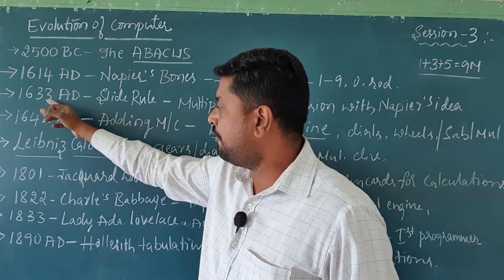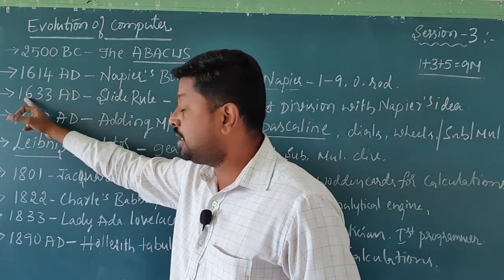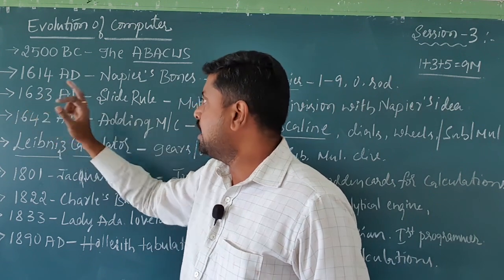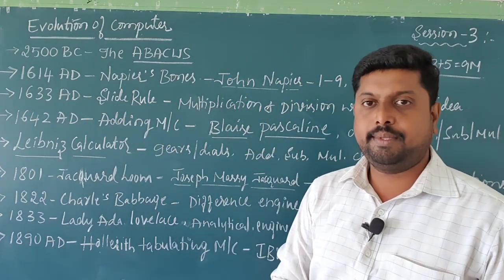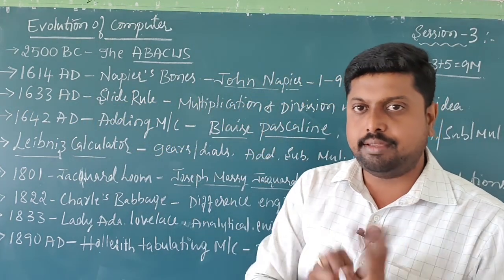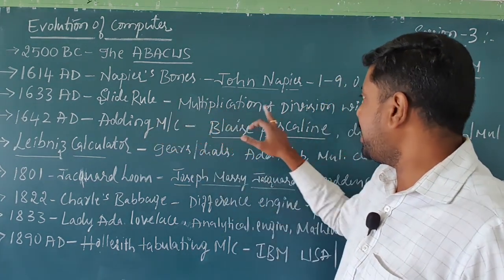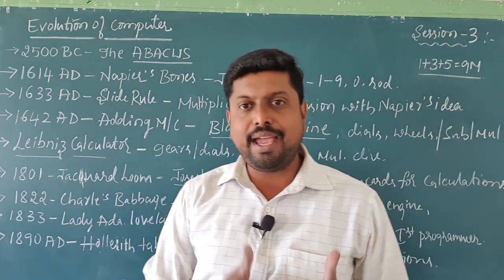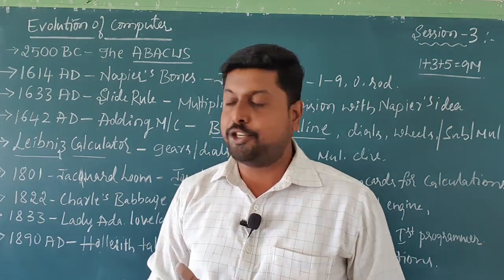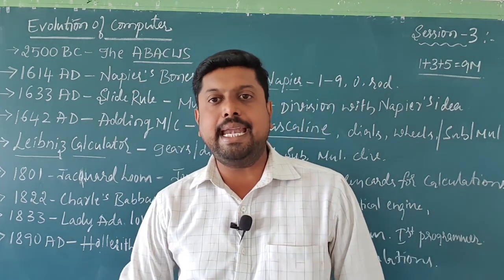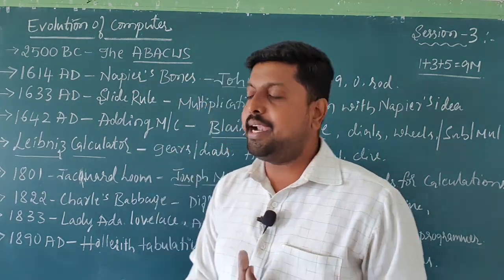Then the next evolution after 1614, 1633 AD, slide rule. Slide rule is a device used for multiplication and division with the help of addition and subtraction, again from Napier's idea. That is what we call slide rule.